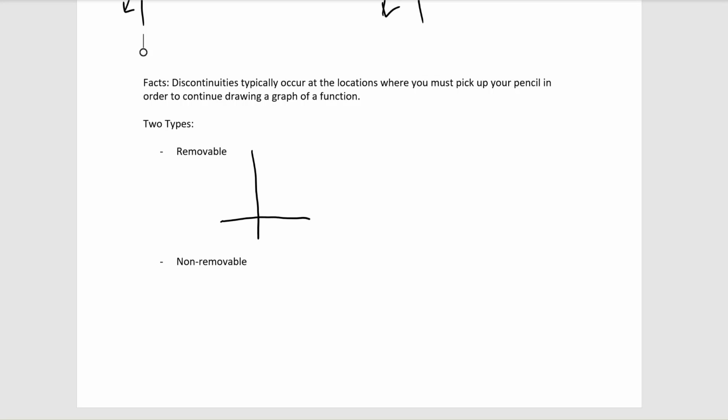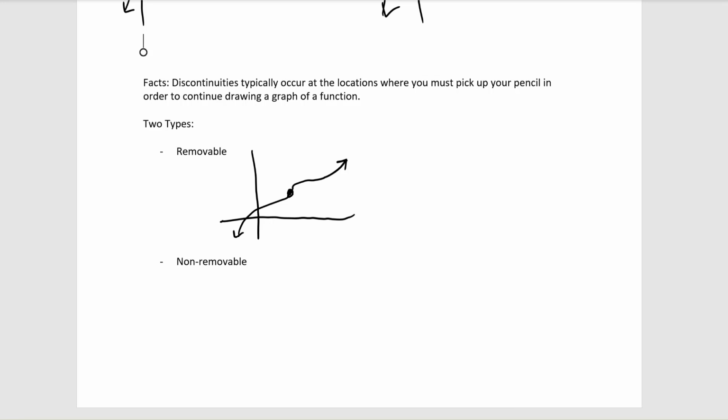Removable is something like this. I could have a little point up here too. I could draw this function except for the fact that I have this little hole here, and put the dot up there. It makes it removable because just by changing one point, I've made my function continuous.